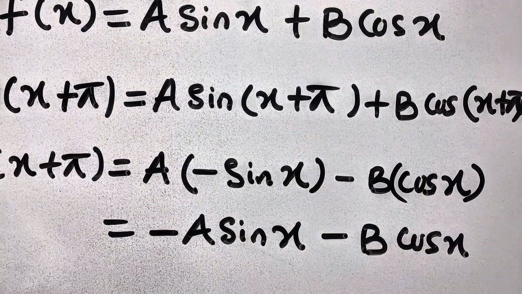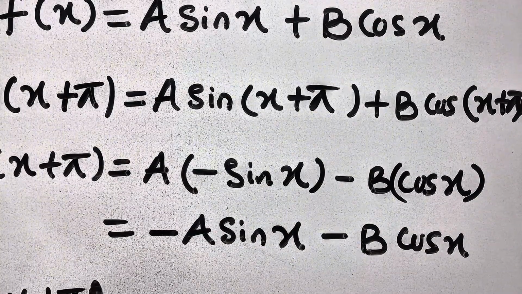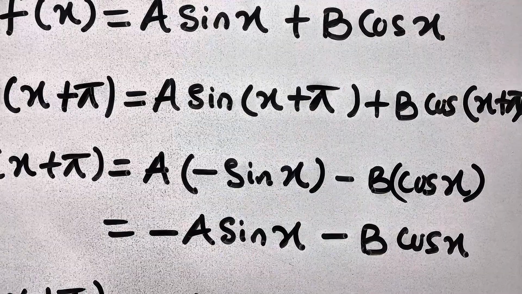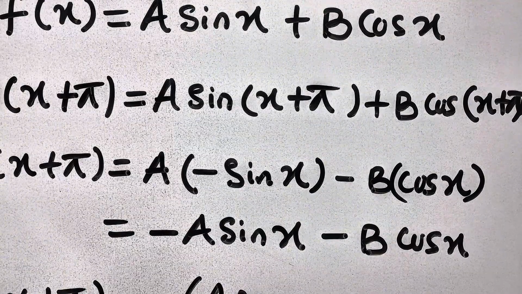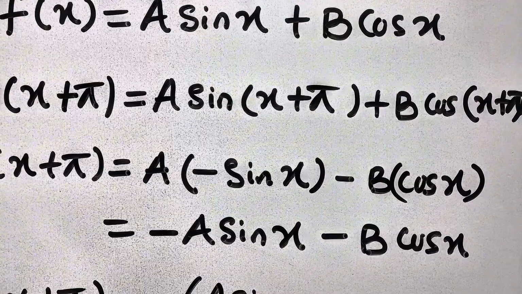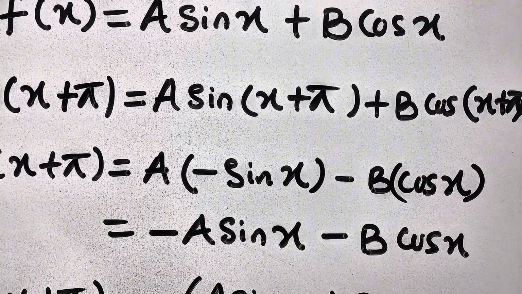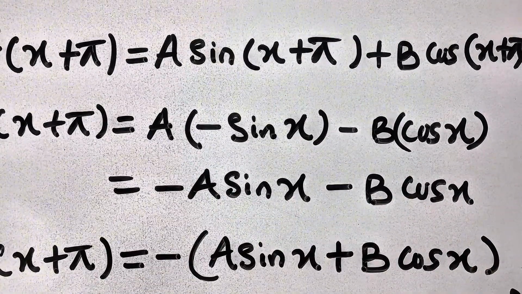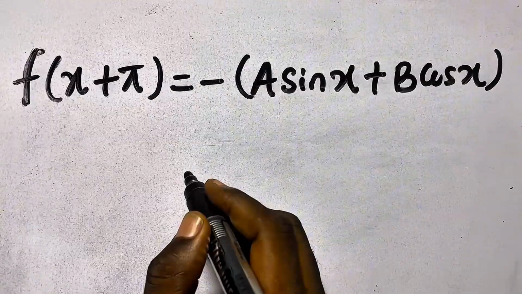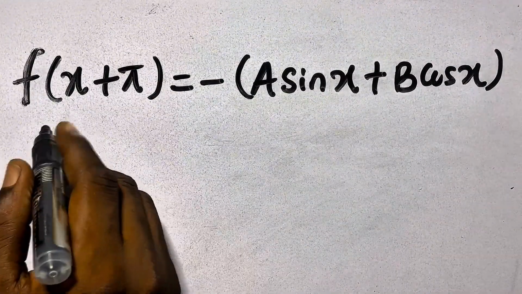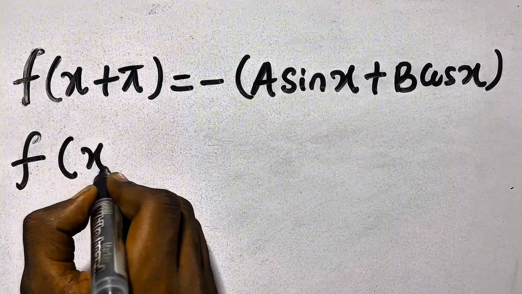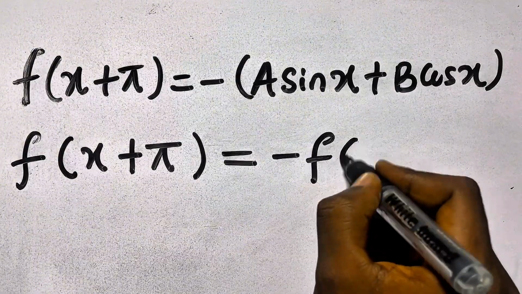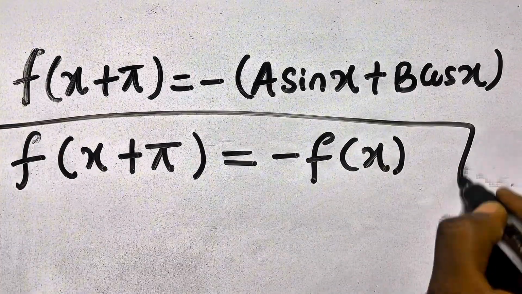So therefore we have f of x plus pi equals, we have a negative in common, so we just factorize minus out, so that we have a sine x plus b cos x. All right, so this is what we have. So if you have this expression, we have f of x plus pi equals minus f of x. So this is our answer.